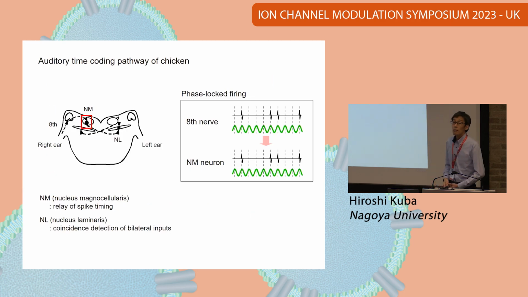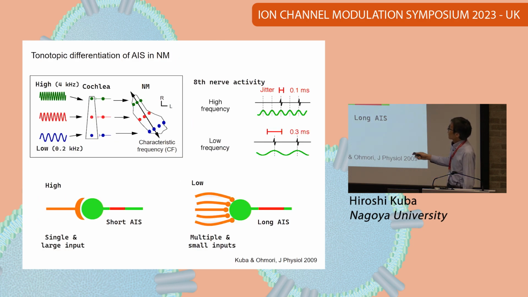We have studied the functional implication of this AIS distribution in nucleus magnocellularis of the chicken, which is a homologue of the mammalian anteroventral cochlear nucleus and is involved in precise relay of auditory signals for binaural spatial hearing. NM is organized tonotopically such that neurons tuned to high-frequency sound are located rostromedially, while those tuned to low-frequency sound are located caudolaterally.